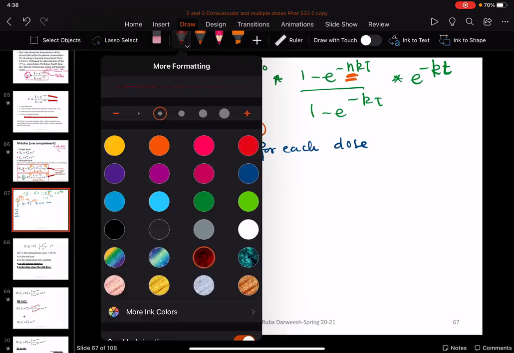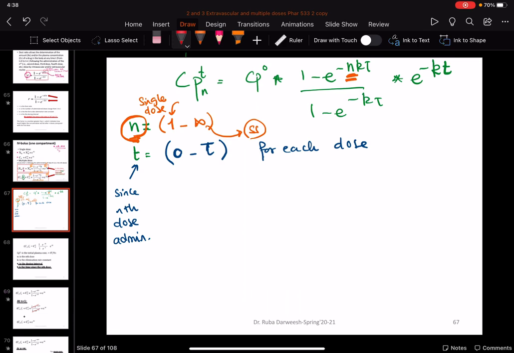And for our case, 0 would be for each dose, called CB naught for that dose, which is the maximum of that nth dose, and tau would be CB minimum of that dose.